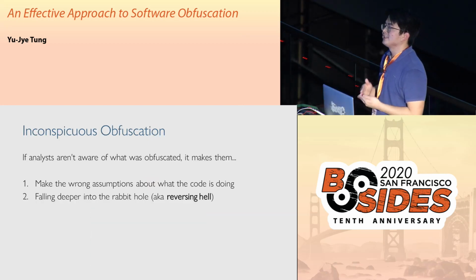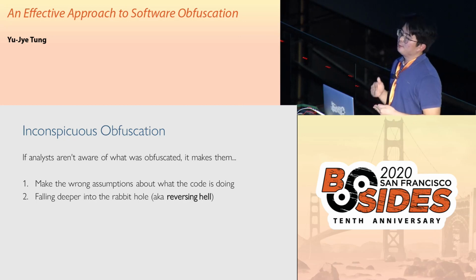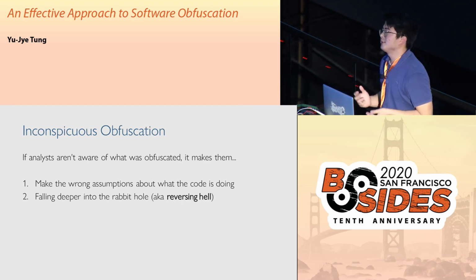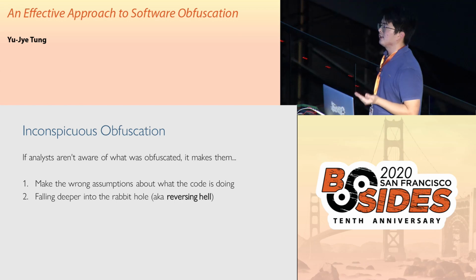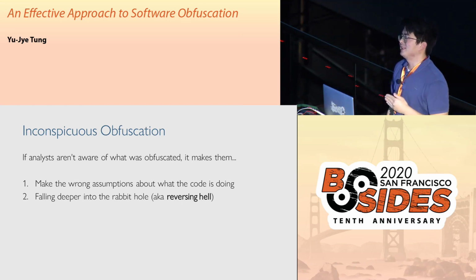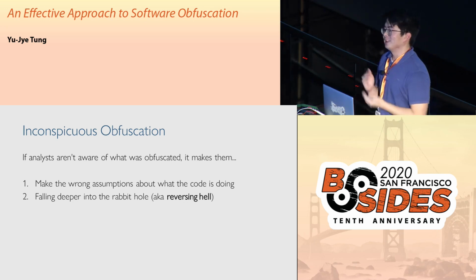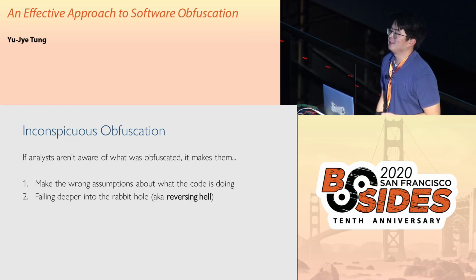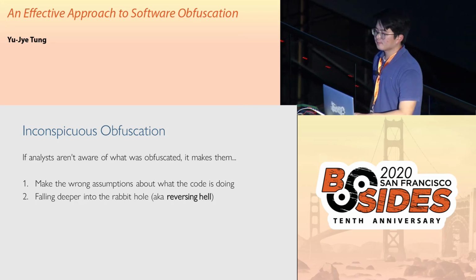So if an analyst is not aware of what is obfuscated, it makes that person make the wrong assumption about what the code is doing. And once you make the wrong assumption, it also makes them fall deeper into this rabbit hole. In the context of reverse engineering, we usually call that the reversing hell, which is spending days, weeks, hopefully not months, but probably, analyzing the same executable binary without understanding anything about what the internal is, how the internal is implemented.